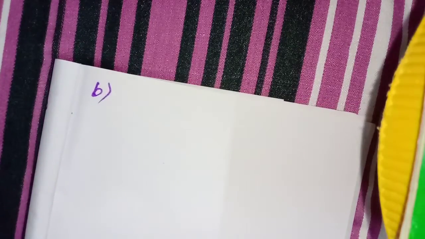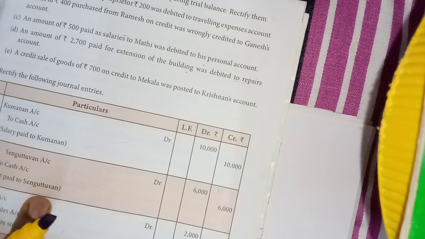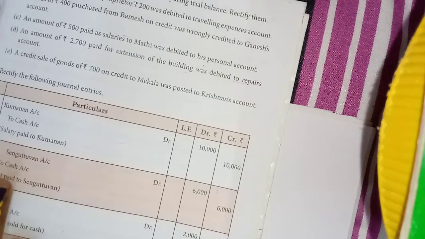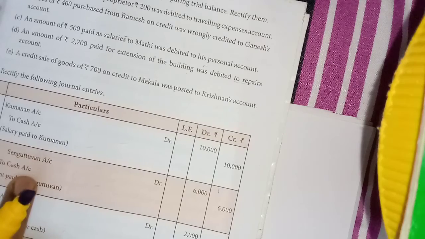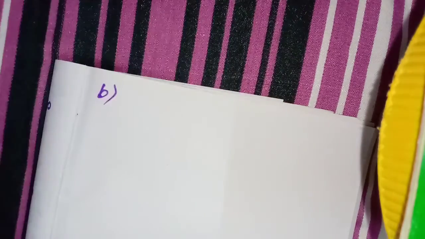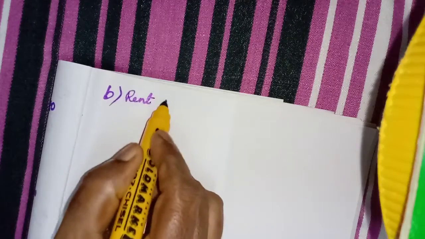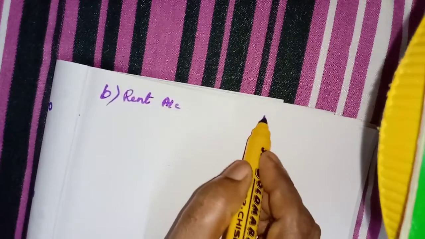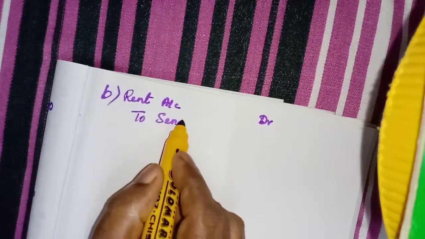Then B. Chenguttuvan account debtor to cash. Rent paid to Chenguttuvan. So rent paid to Chenguttuvan, he should write rent account debtor to cash. So Chenguttuvan should be credited, rent must be debited. So rent account debtor to Chenguttuvan account.